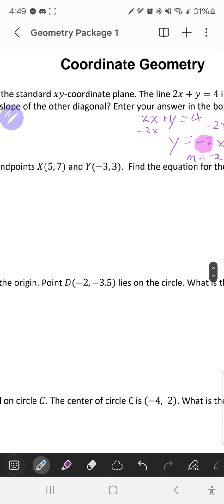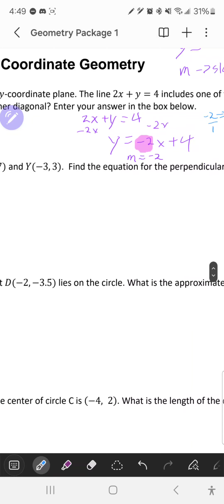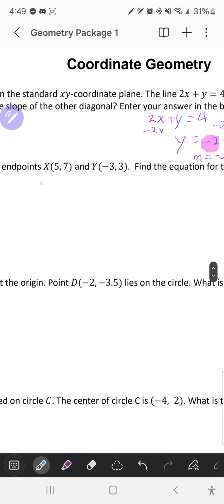First, we need to find the slope of the segment. So the slope is just 3 minus 7 over negative 3 minus 5. 3 minus 7 is negative 4.